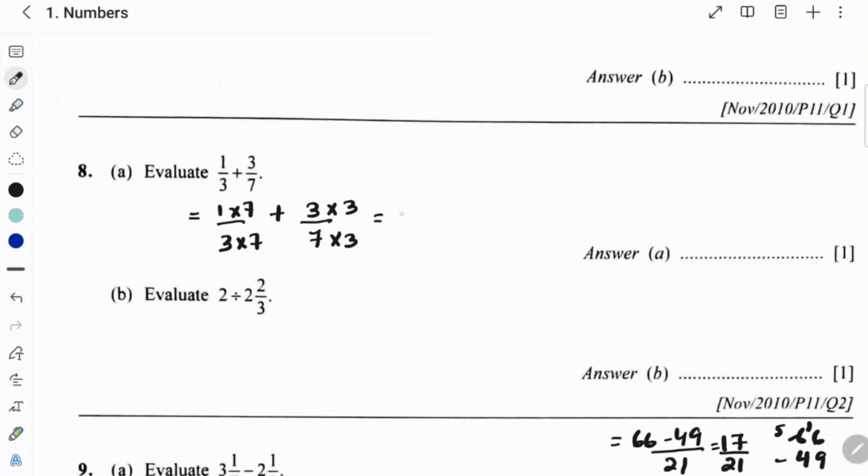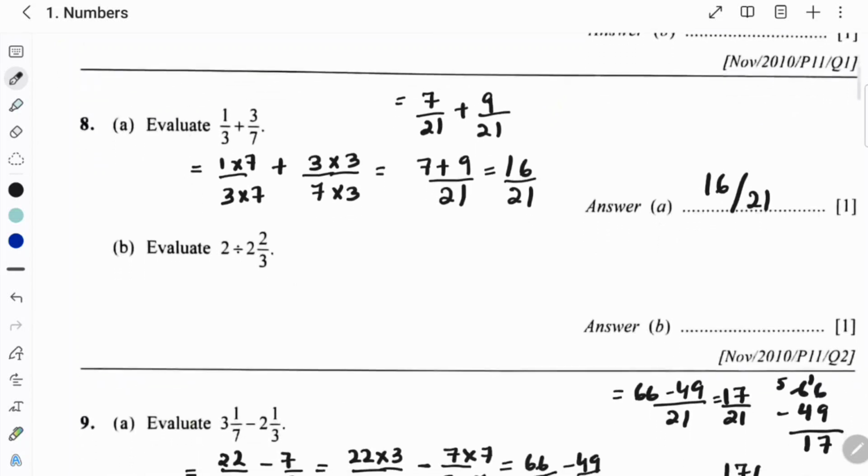Okay, so that will become 7 over 21 plus 9 upon 21. Then we can write down 7 plus 9 upon 21, and 7 plus 9 is 16 upon 21, cannot be simplified, so that's why 16 upon 21 is the answer.